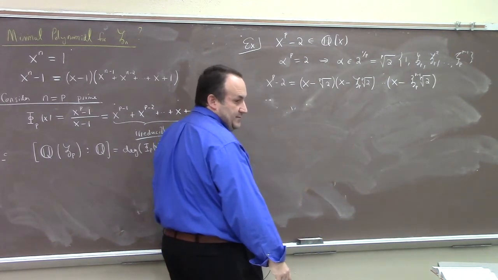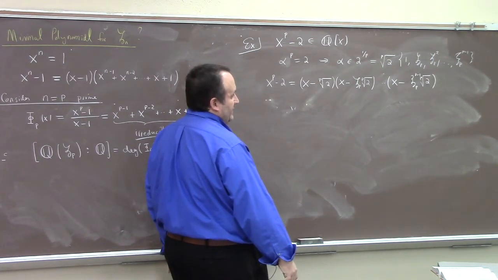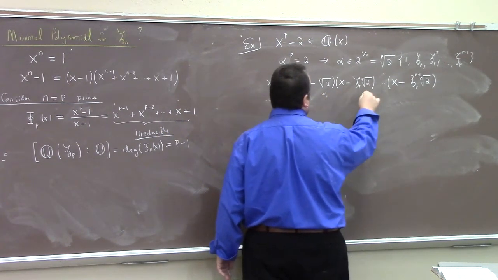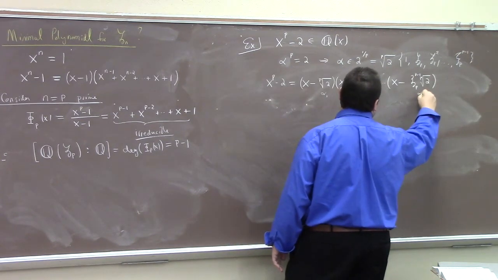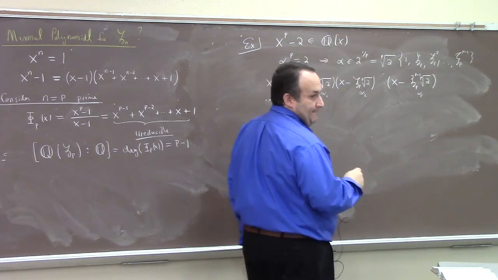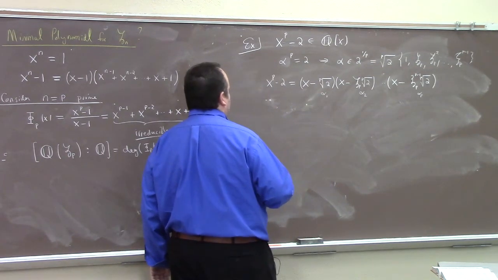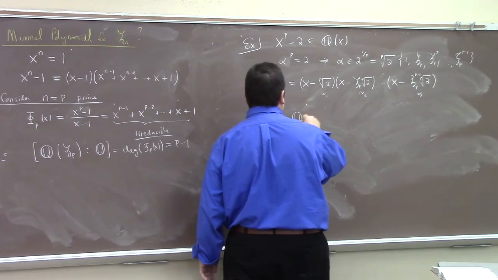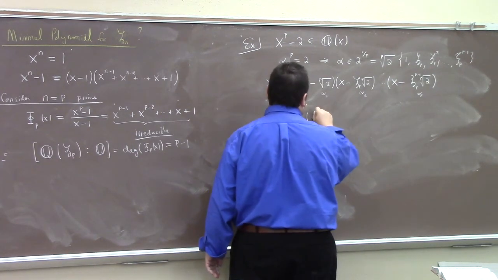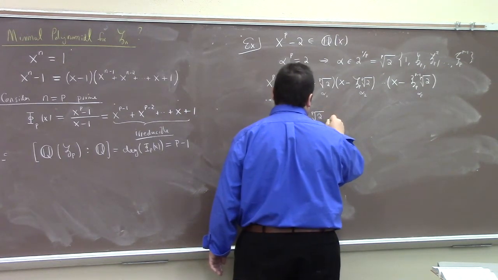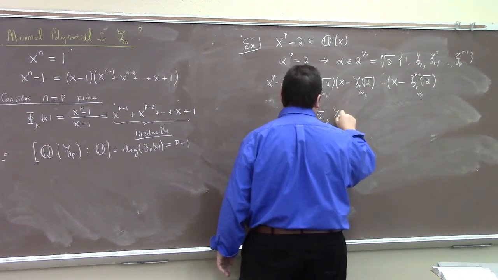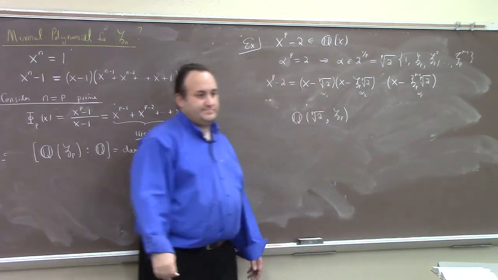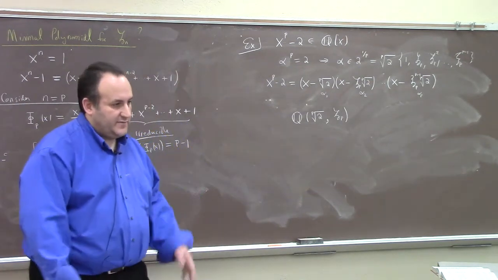So the splitting field needs to have, let me call these alpha 1 through alpha p. I think we want Q adjoin the pth root of 2, definitely, and if we throw the pth root of unity in there, that ought to do it, because we can build all the other roots from those two things.